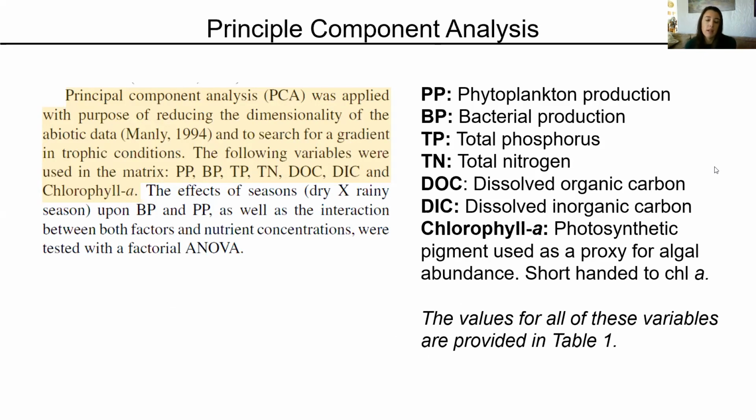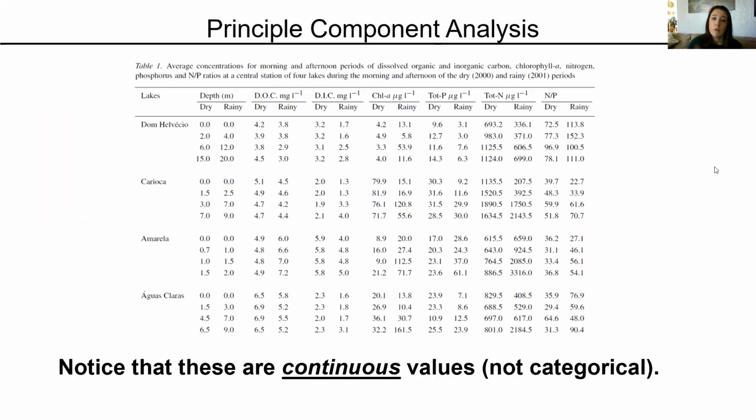The variables they used for their PCA are listed to the right: bacterial and phytoplankton production, total phosphorus, total nitrogen, which are important predictors of phytoplankton growth, dissolved organic carbon as well as dissolved inorganic carbon, and then chlorophyll A. Chlorophyll is a photosynthetic pigment, and we use it as a proxy of algal abundance in limnology, or in shorthand, it's CHLA. And the values for these variables are provided in Table 1.